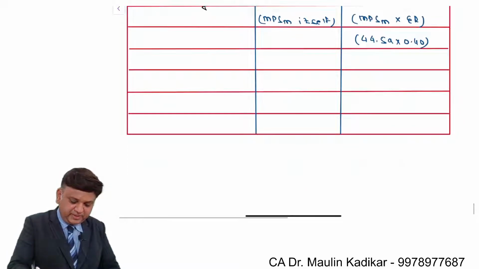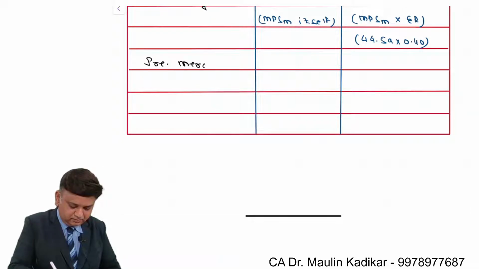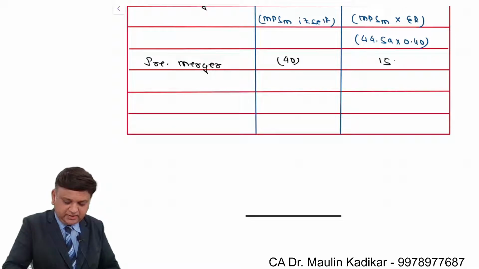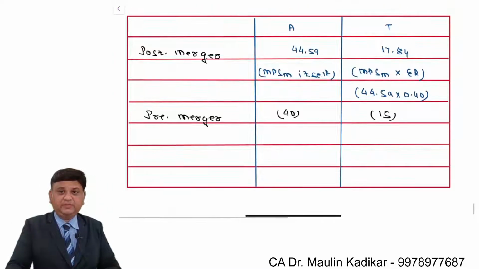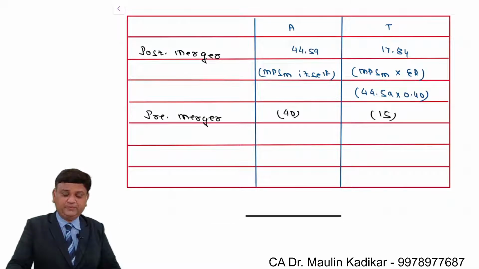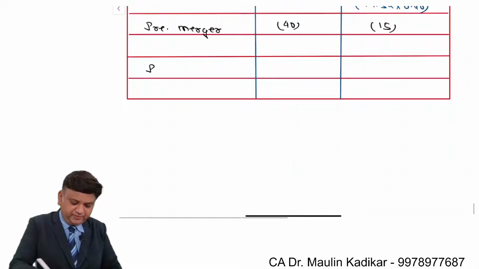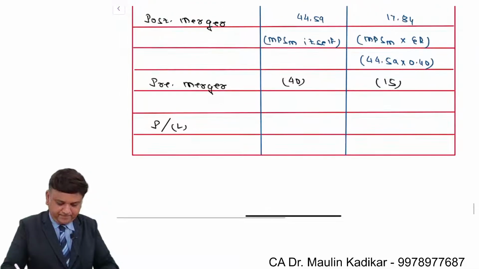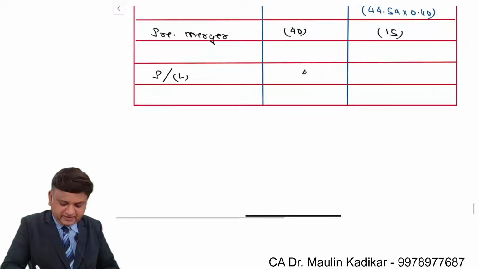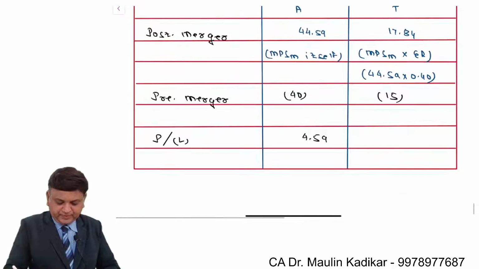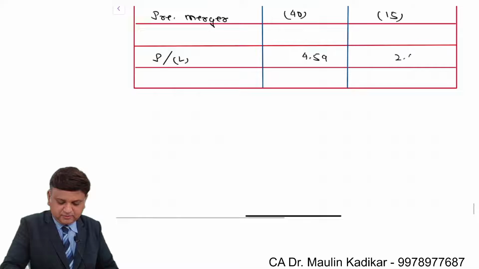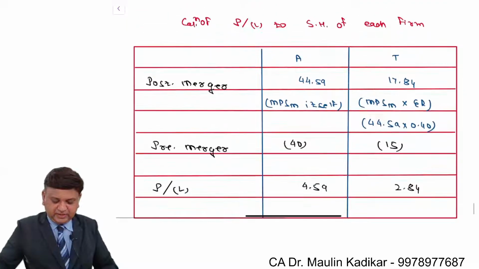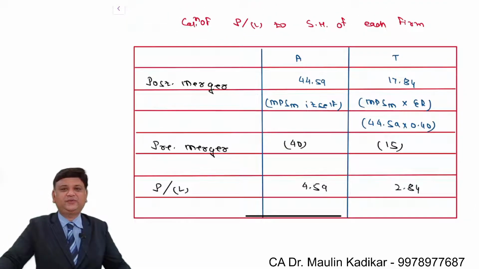It is required to be compared with pre-merger. Pre-merger it is 40 and it is 15. So pre-merger prices are required to be compared with the post-merger to find profit or loss. It is 4 rupee 59 paise and it is 2 rupee 84 paise. That is the way the profit or loss to shareholders of each firm can be calculated.